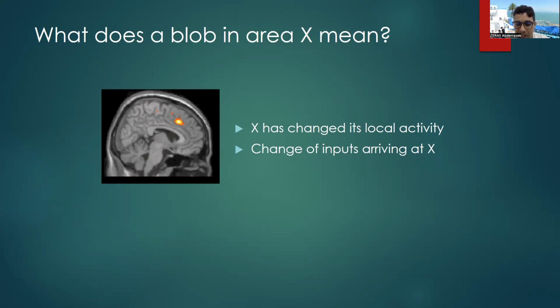All these changes, for example in the cortex, the temporal or the vision area, involve the input in terms of consumption of oxygen and nutrients in this area. This is what a blob in area X means.